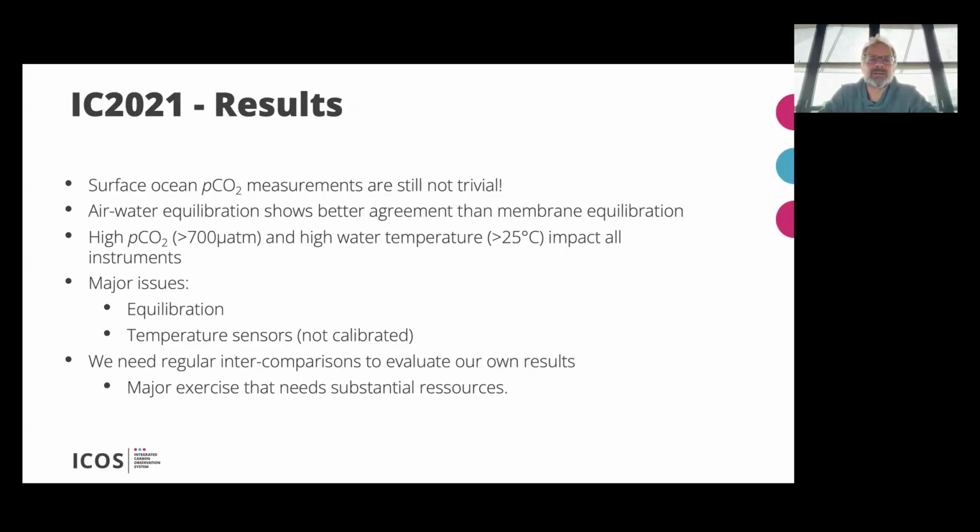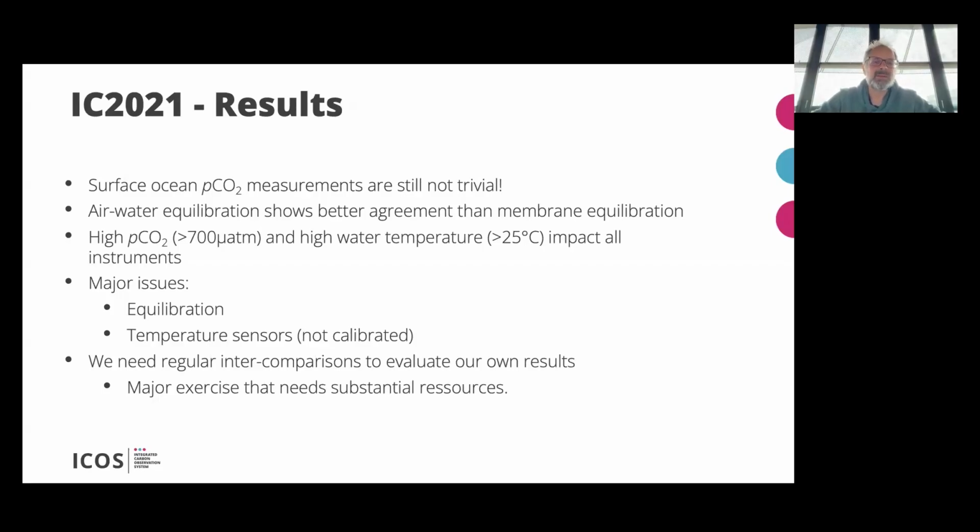The major issue that we saw is the equilibration itself. If you look into the detailed data set, you see for some instruments long tailing after calibrations or whatever. And one low-hanging fruit, I would say, is temperature sensors. Even at this intercomparison, we had instruments with uncalibrated temperature sensors. They were off by 0.2 or 0.3 degrees Celsius, which is a measurable impact on the final pCO2.